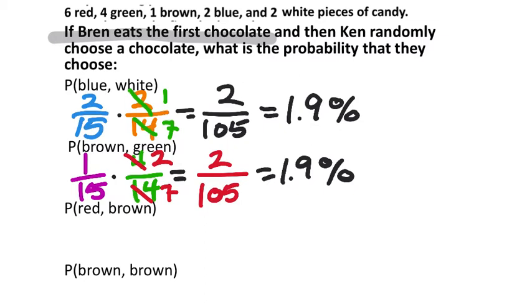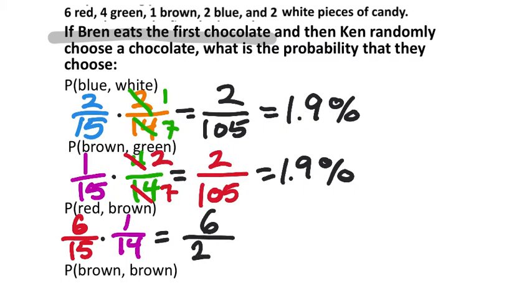So now the probability of red, I see there's 6 reds out of 15 total pieces. Of course, that one is kept out. So when we go to brown now, there's 1 piece, but there's 1 less piece in the bag, so it's 1 out of 14. Let's go and multiply these. Of course, the numerator 6 times 1 is 6. In the denominator, 15 times 14, let's see what that is, 210.